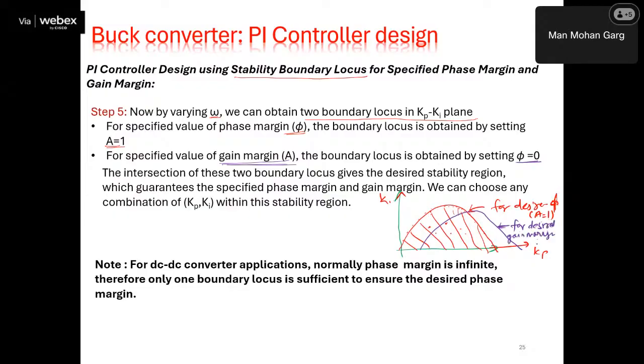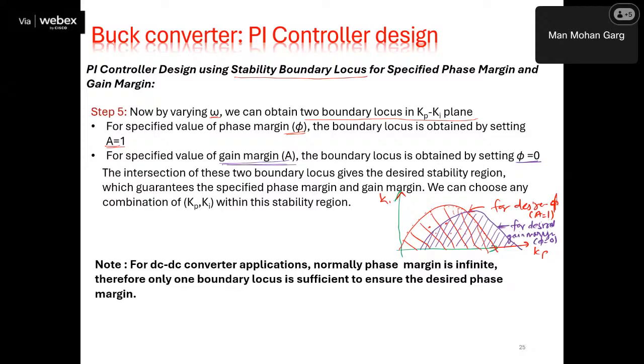If I take any value of Kp, Ki within this stability boundary locus, that will ensure that my gain margin will always be greater than or equal to A. So individually they will be like that.